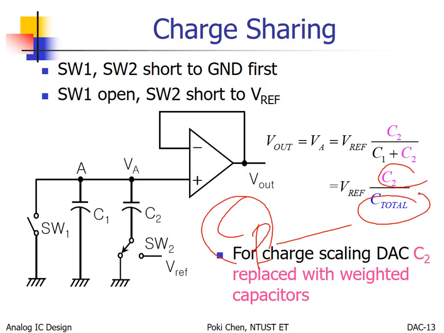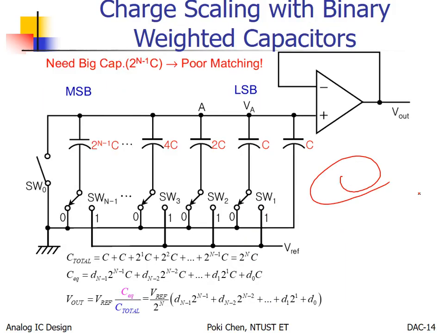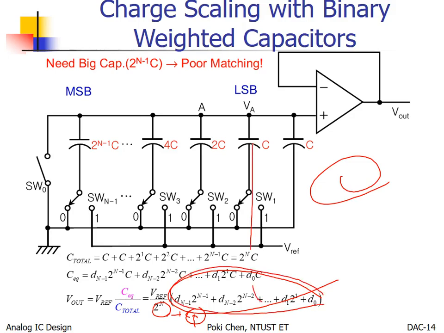Okay? It means what? You still get this, but you need to be careful. Here, you need to count CP. So what's the result? You still have very good binary weighted structure to your result. But the problem is it has some kind of gain error, right?